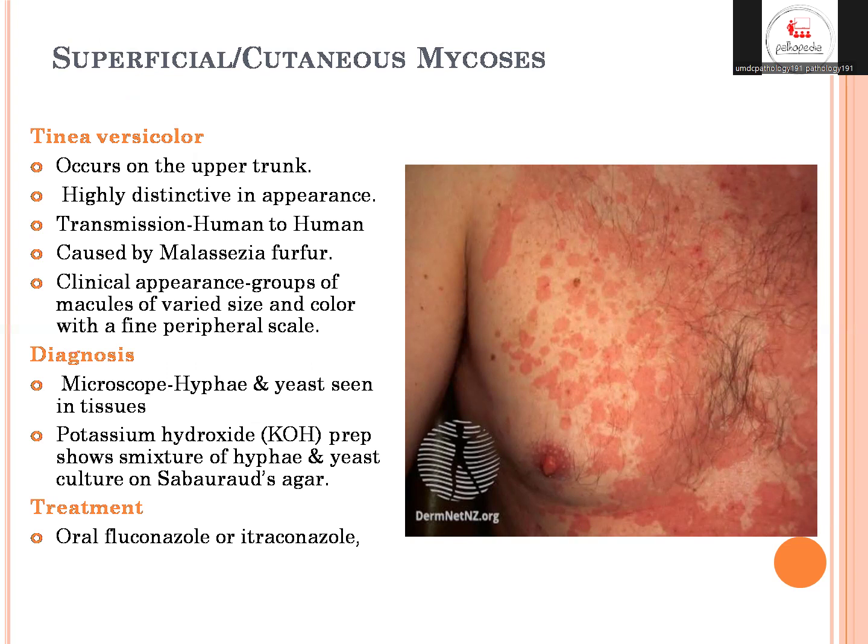For diagnosis, microscopy or histopathology can be used, and in microscopy they show hyphae and yeast on the tissues, and we can examine tinea versicolor by using potassium hydroxide, and it can be treated by using oral fluconazole or itraconazole.